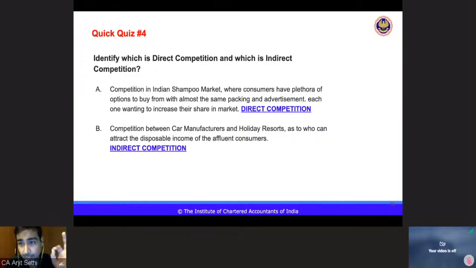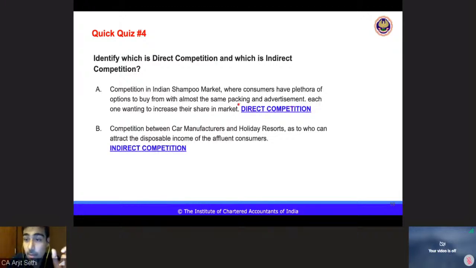They have the same components, the same packaging, the same advertisement. You will have long and silky dandruff-free hair. They're selling the same thing, right? That is why this is a direct competition. Same packaging, same type of advertising, same product, same industry. Everything about their product, everything about their outlook of the product is same.